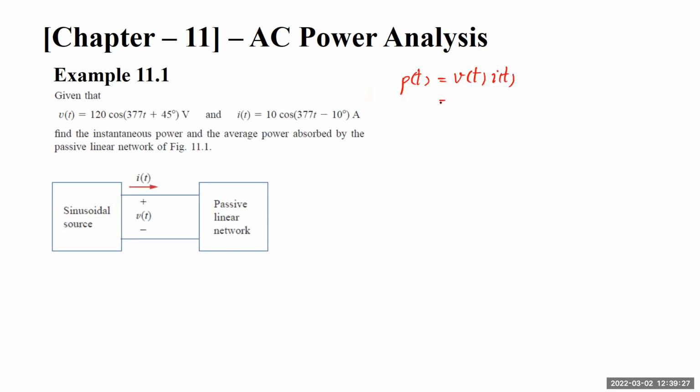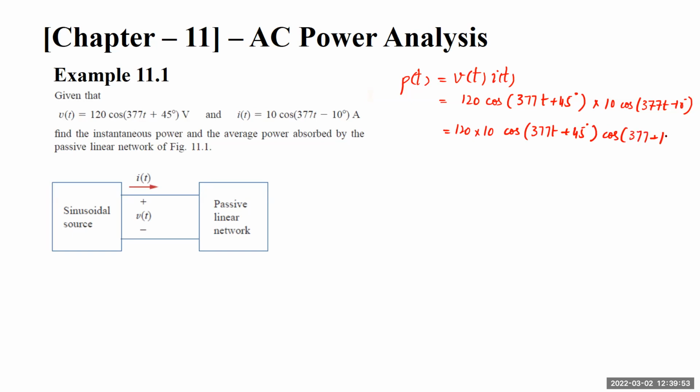So just simply multiply both of them together: 120 cos of 377t plus 45 degrees multiplied by 10 cos of 377t minus 10 degrees.